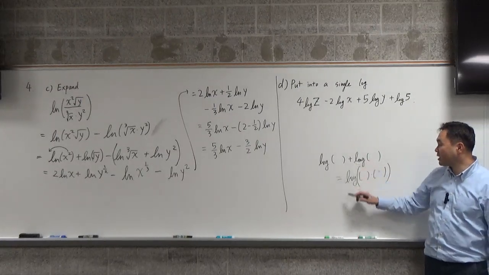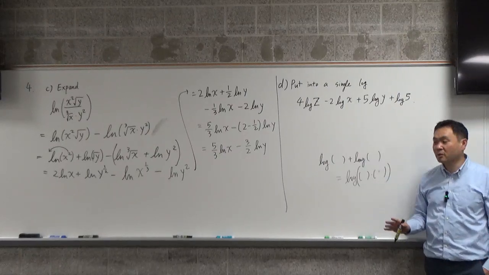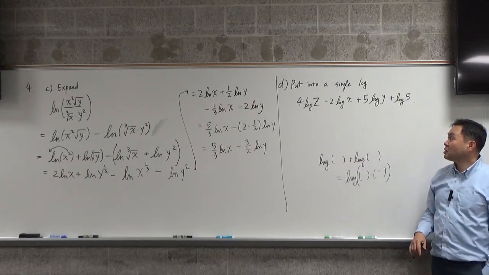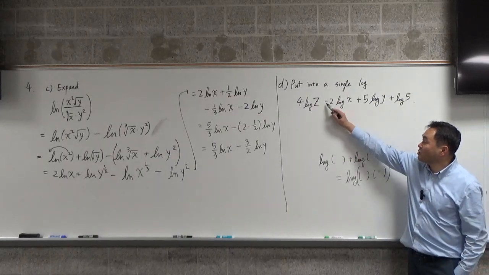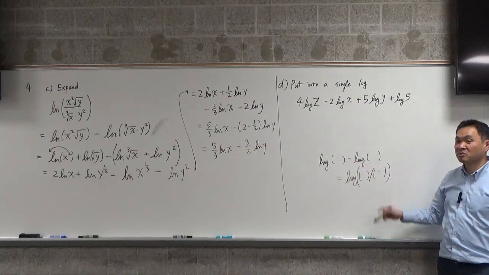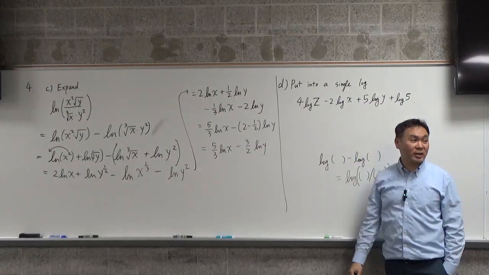Or if you subtract, then it's division. Those are the rules that you want to make use of. But although you have a minus, you can't use this rule yet, because you have 4 and 2 getting in the way.